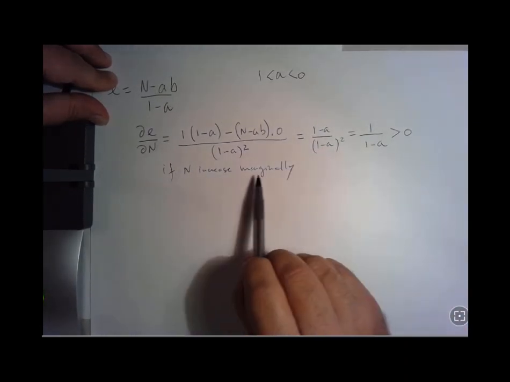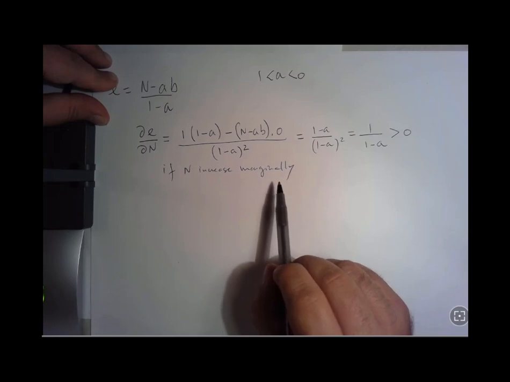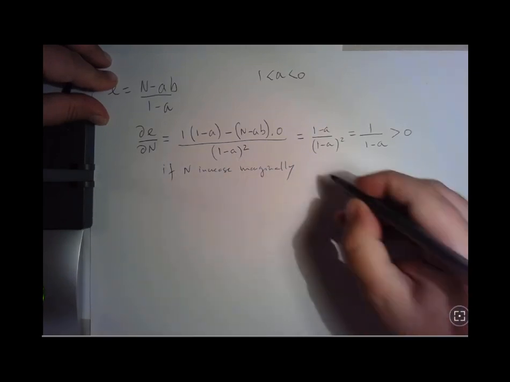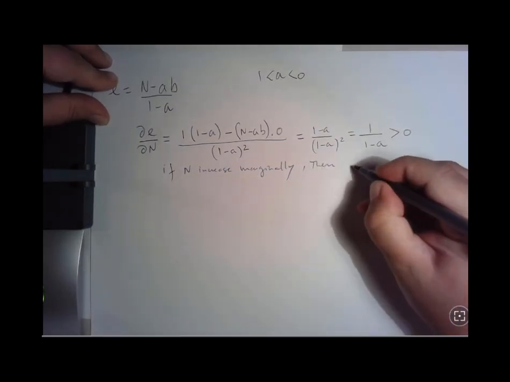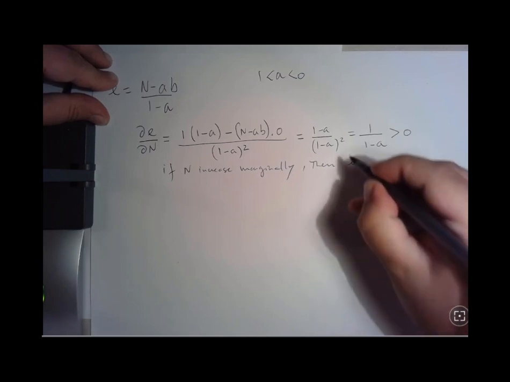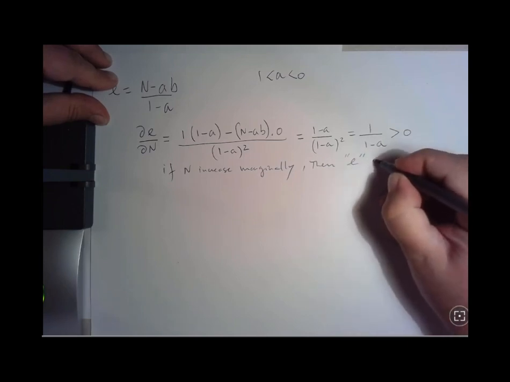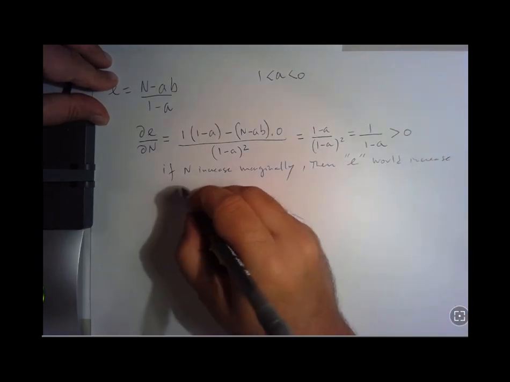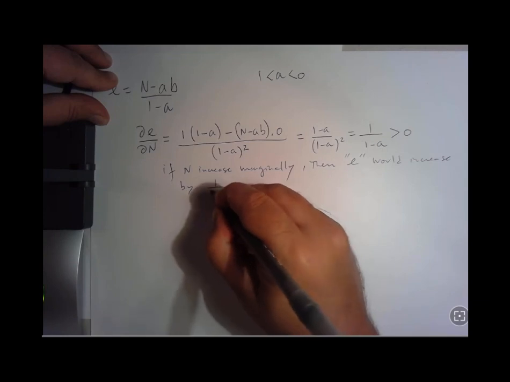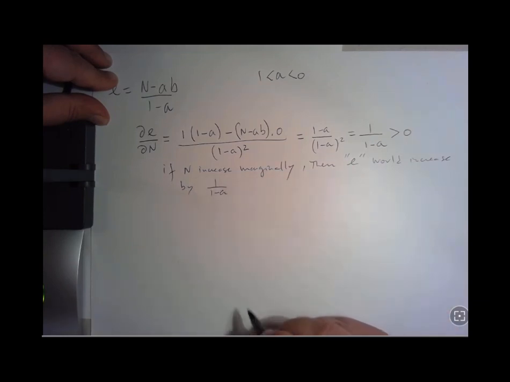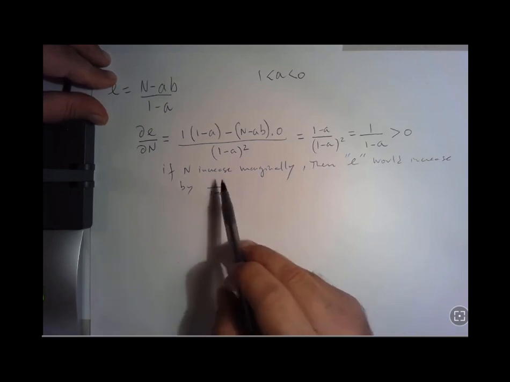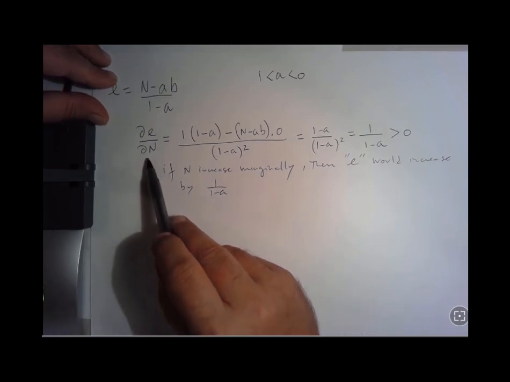In economics, marginally means by 1 unit, taking into account the units in which this is measured, so this will be in percentages. Then the effective rate of protection would increase by 1 divided by 1 minus A, per each unit increase in n.